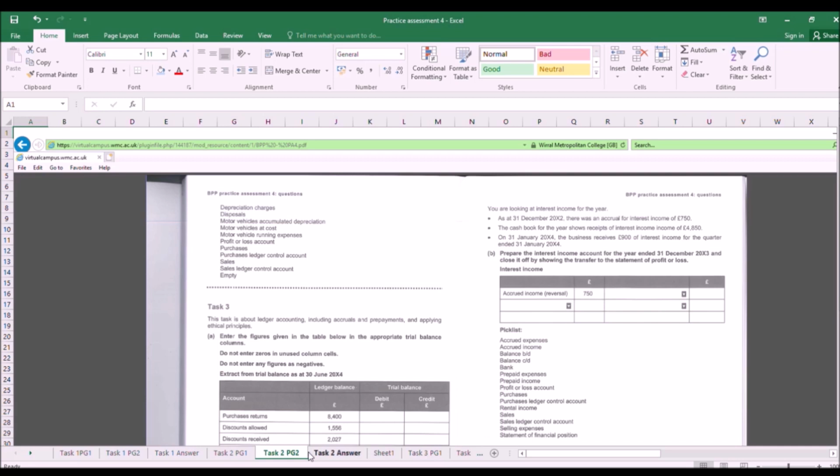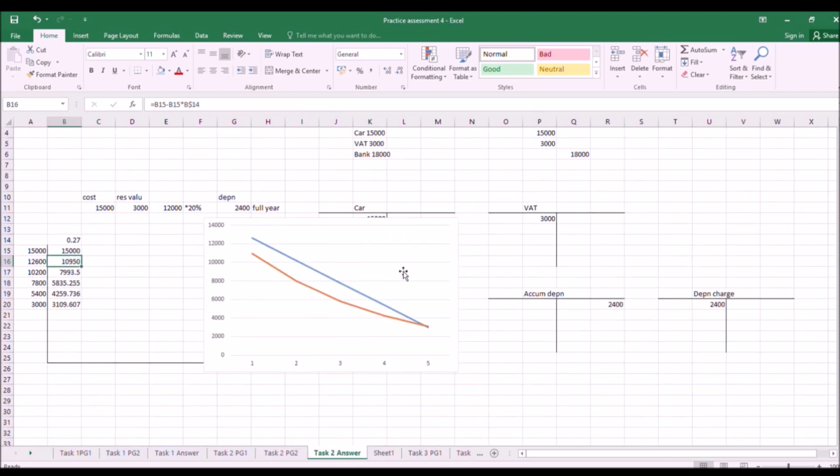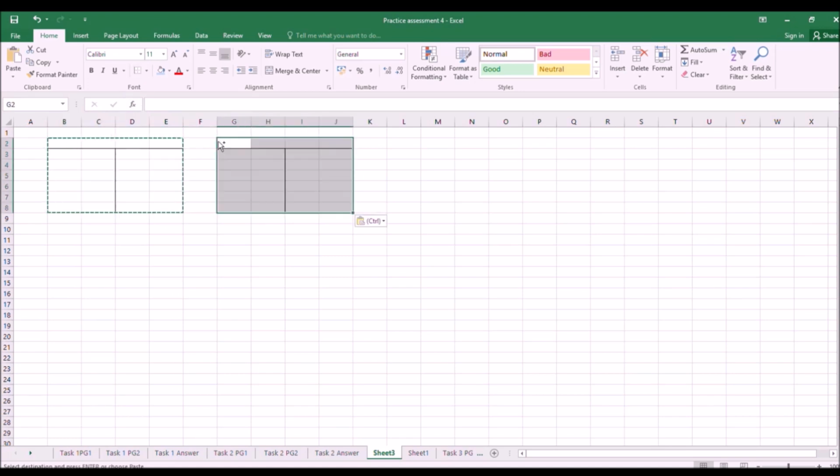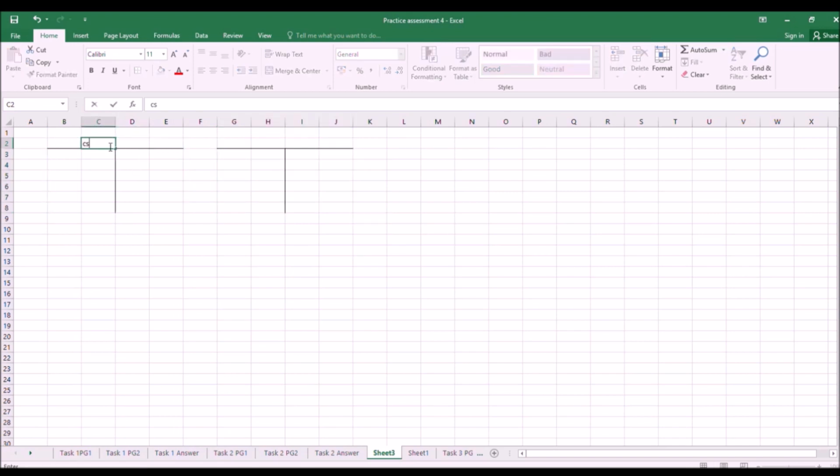So what you would normally be looking for, now let me go and open up another sheet of workings. You'd normally be looking for in our T accounts the accumulated depreciation and the cost, but we don't have it here. All we've got here is motor vehicles at cost, and that was all we were actually given. And we're going to have this.